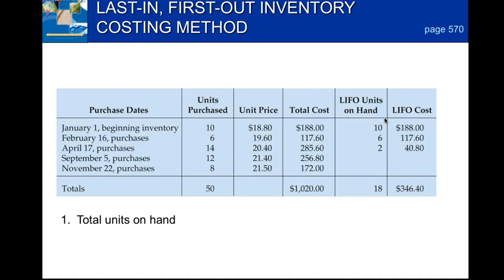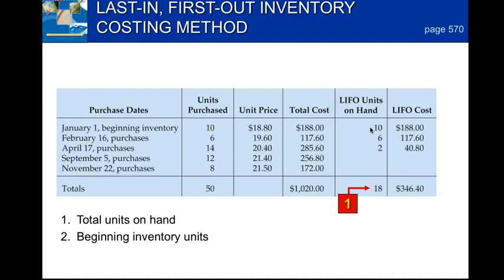So using the LIFO method, each item on the inventory records is recorded at the earliest prices paid for the merchandise. Okay, so our total units on hand is 18, but instead of using the last ones that came in, we're going to assume these are the first ones that came in because we're selling the last. The last in is the first ones that we're selling.